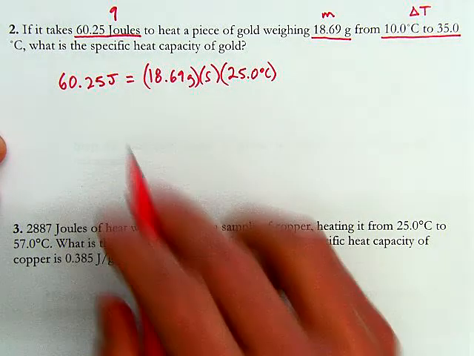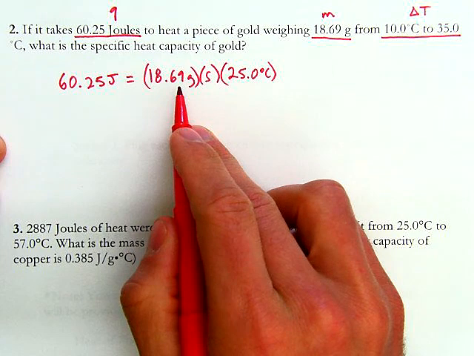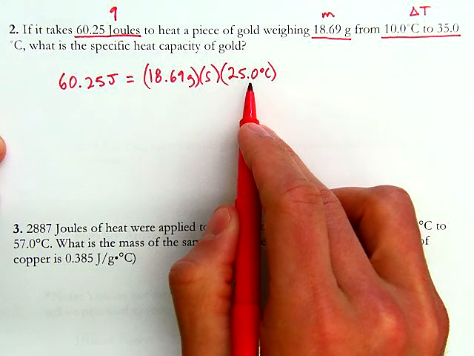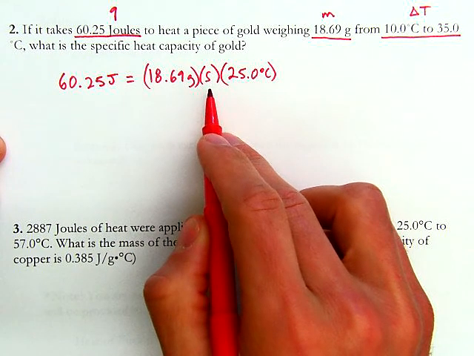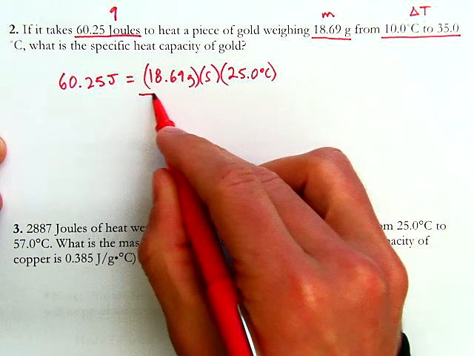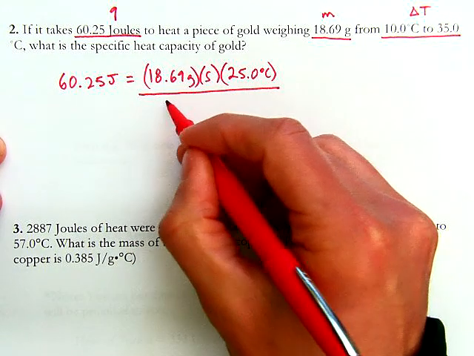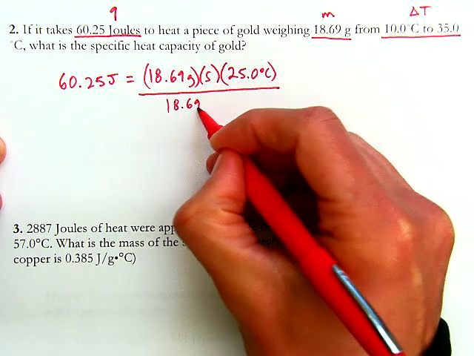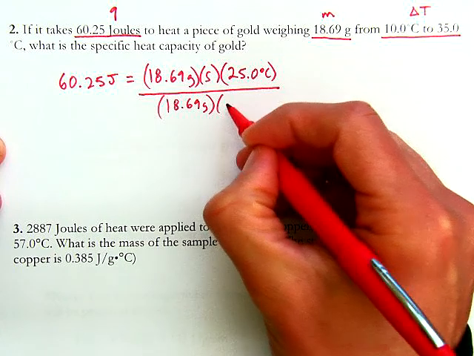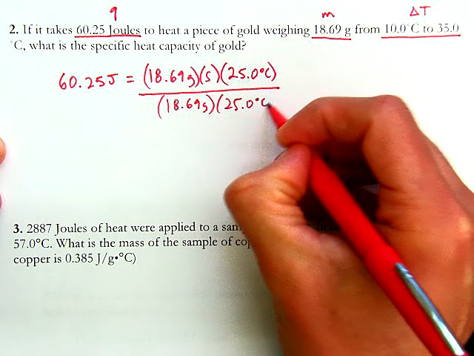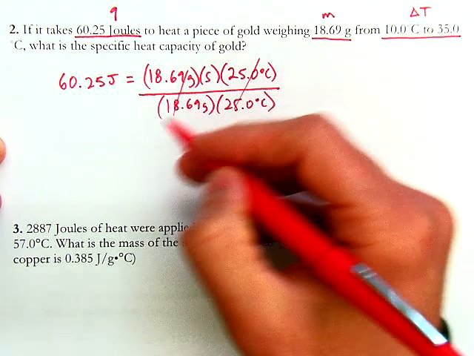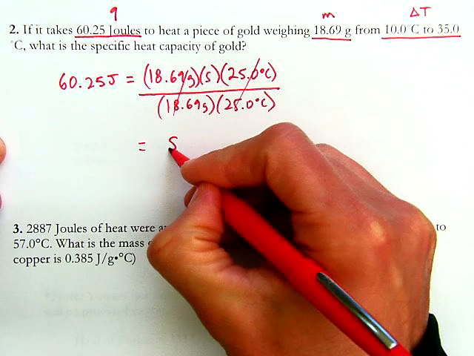So Q equals M S delta T. We don't know S. We need to solve for S. So if you solve for S, you're going to get S all by itself on one side of the equal sign, so we're going to divide by 18.69 grams times 25 degrees Celsius. Those will cancel, and just leave you with S on one side.